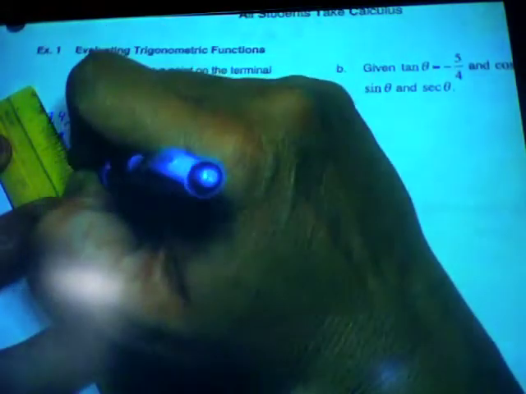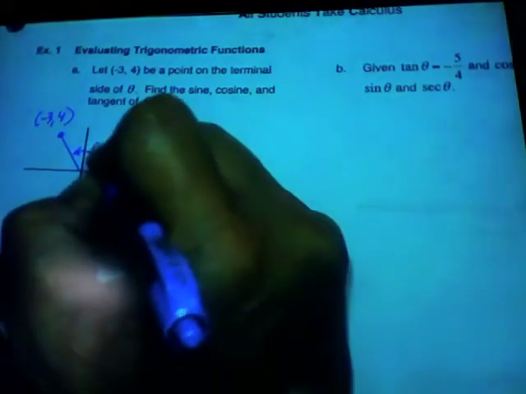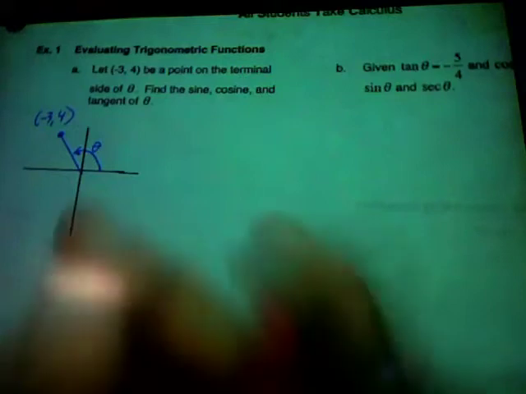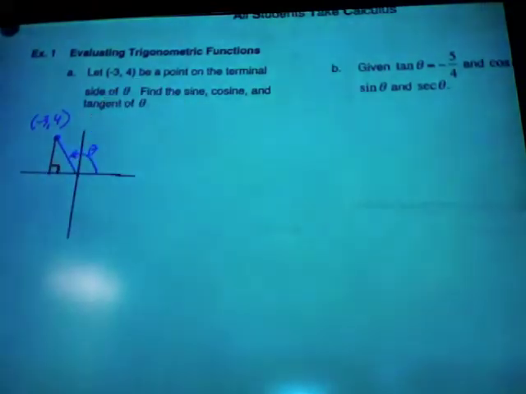So I'm going to connect that to my origin. And then from here to here is my theta. This is the terminal side of theta. But I'm going to draw my reference triangle in the coordinate grid. So I'm going to drop down to the x-axis and create this right triangle.